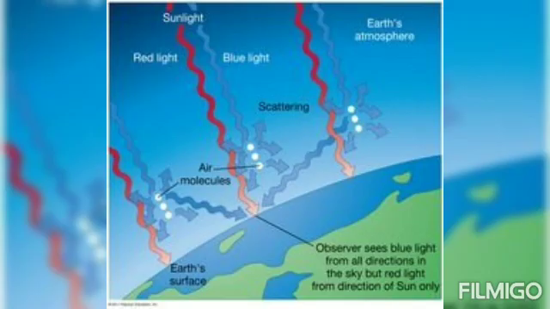Now next, you can see the observer sees the blue color from all directions. Now many times you have seen that when an astronaut goes to space, he sees that the sky is black in color, but he sees the color of the earth as blue. Why? Because in the space there is no atmosphere.